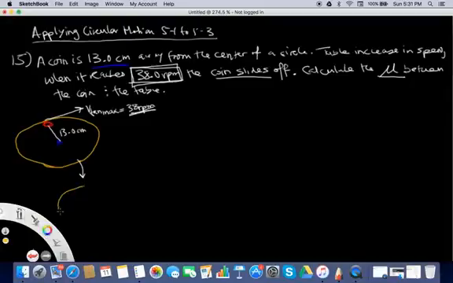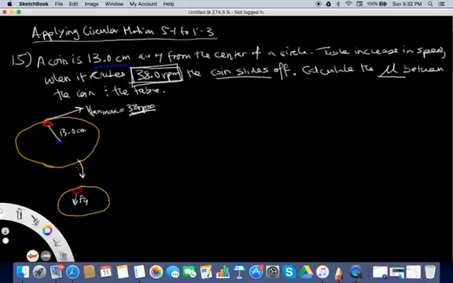So let's zoom in on this, and let's draw this coin. It doesn't really matter where we draw the coin. And let's draw all the forces that are acting on this coin. So we know that there will be a gravitational force going into the turntable, because this is a horizontal circular motion.